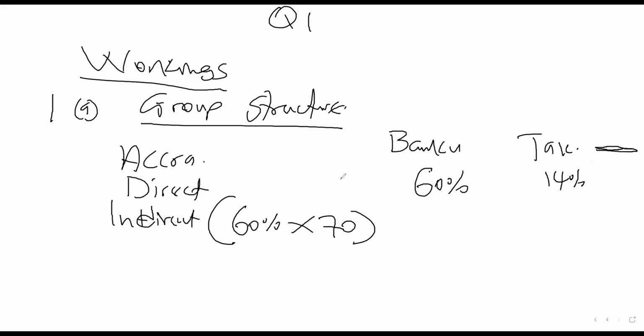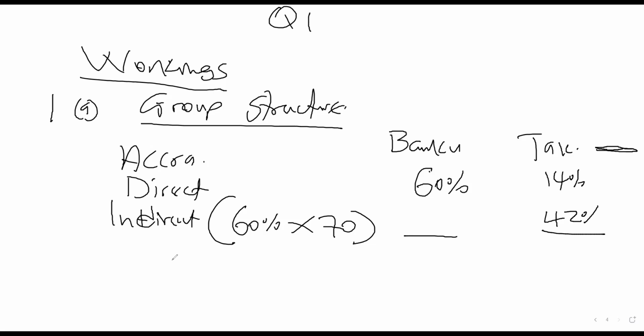What do you get? 60% of 70. I need someone that will do the calculation for me. Somebody should. 42. Come again. 42. So write it here as 42%.